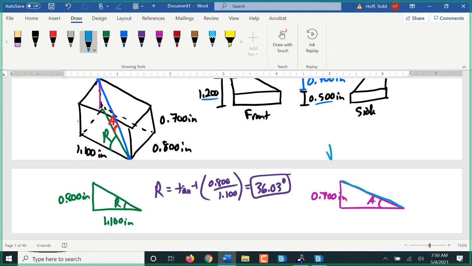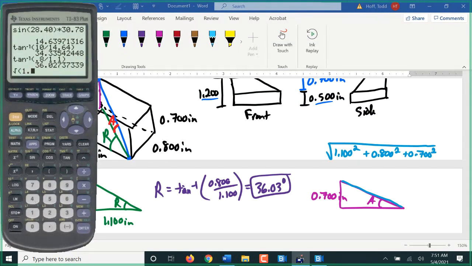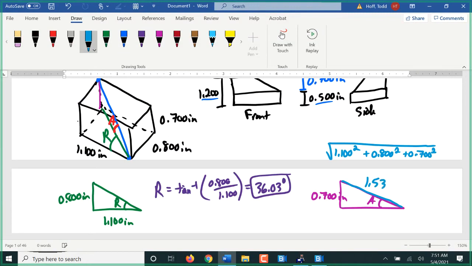Remember, to find that length, we use that three-dimensional Pythagorean theorem: square root of 1.1 squared plus 0.8 squared plus 0.7 squared, which gives us 1.529, 1.530 inches is the length of that surface.